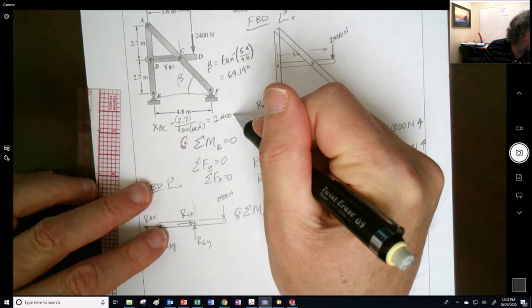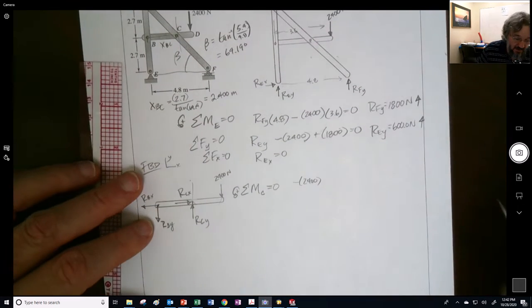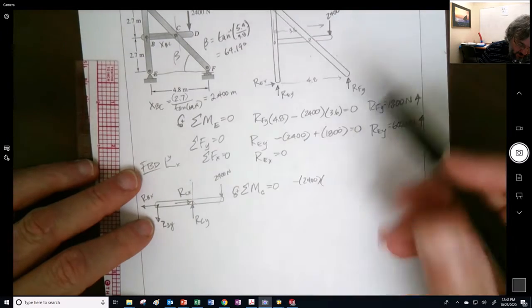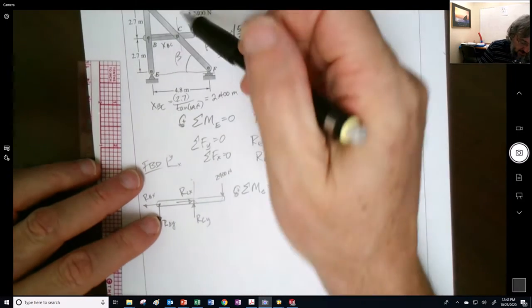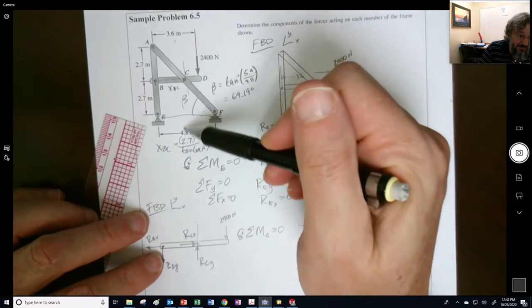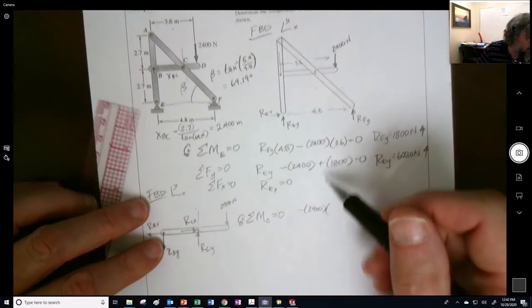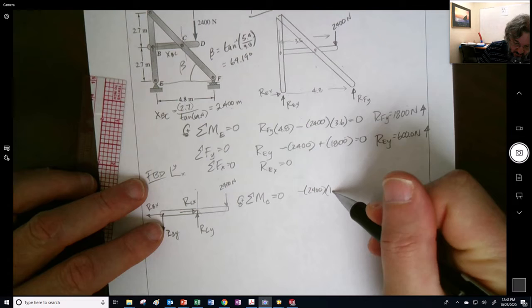And I'm sure there must be some easier way we could have gotten to that. But that's the number that we need. No, actually, the number that we need is 3.6 minus that 2.4, because this is the 2.4, and that turns out to be 1.2.